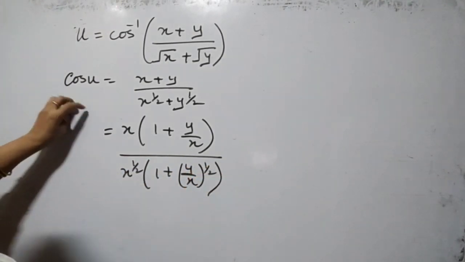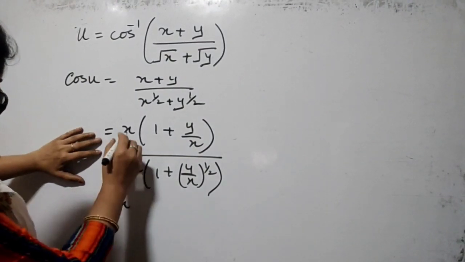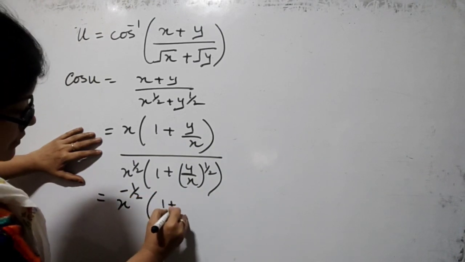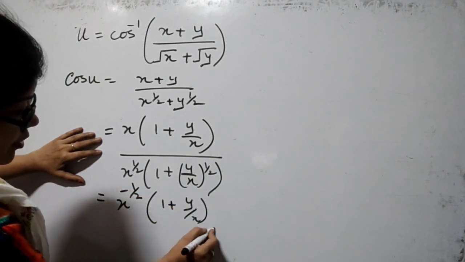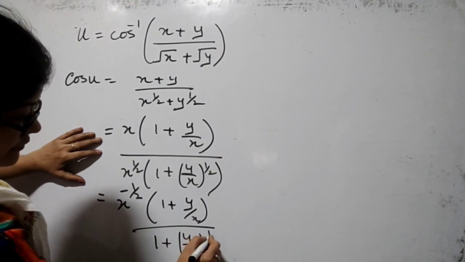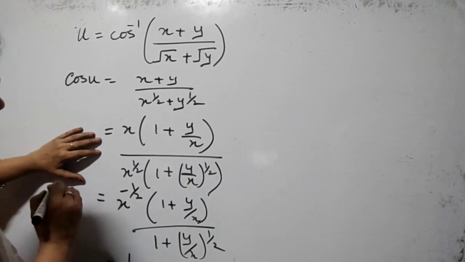So this is also in the form of a homogeneous equation, and when we solve it, we get x to the power minus 1 by 2, 1 plus y by x, and in the denominator we get 1 plus y by x to the power half. So this is also a homogeneous equation, let it be C.